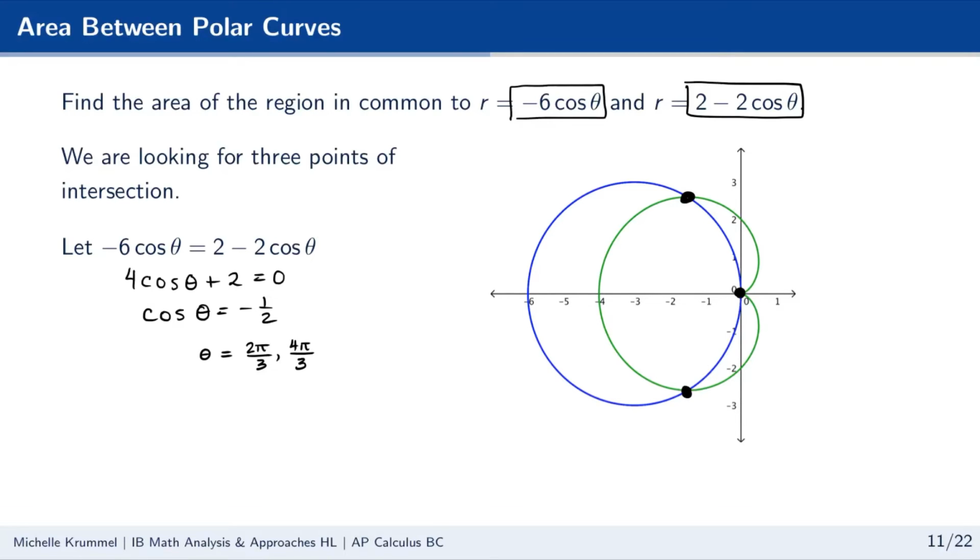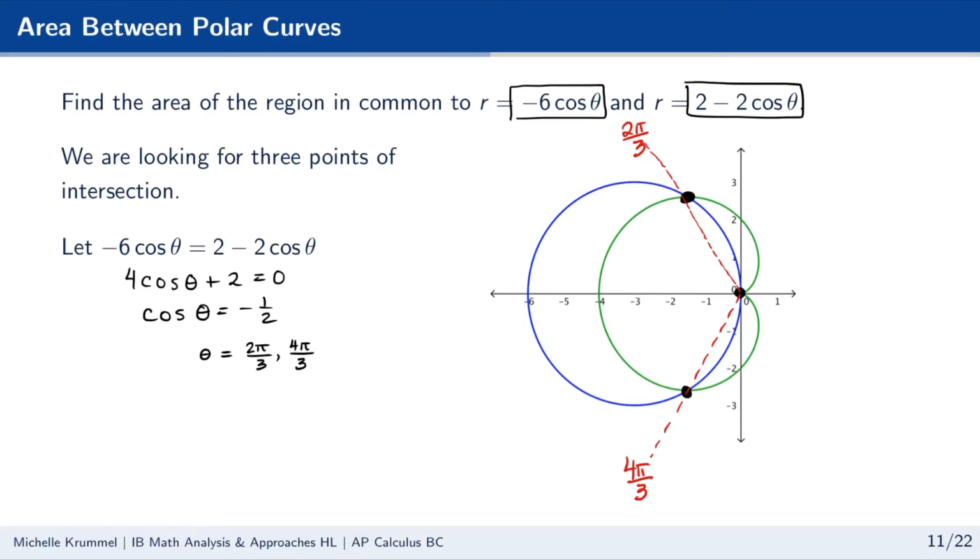And let's see if that kind of matches what we're seeing on our graph over here. So theta equals 2 pi over 3. Yep, 2 pi over 3 is here. And then 4 pi over 3 is down here. So that looks right.